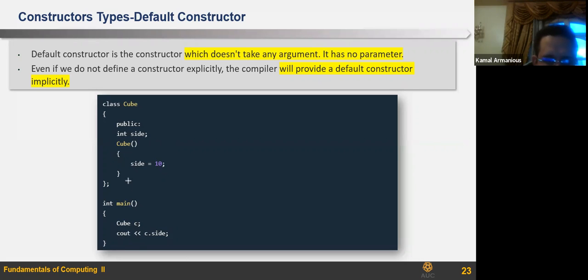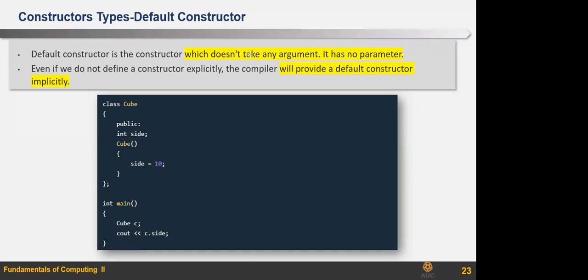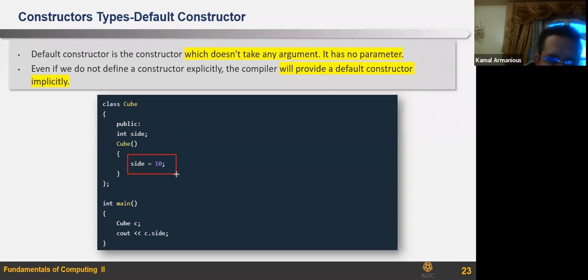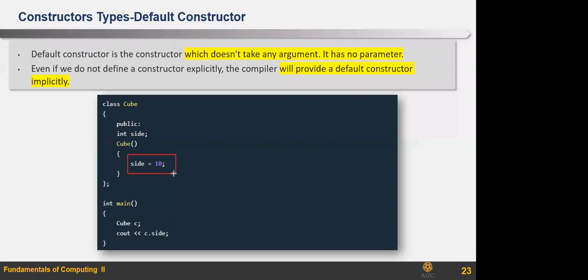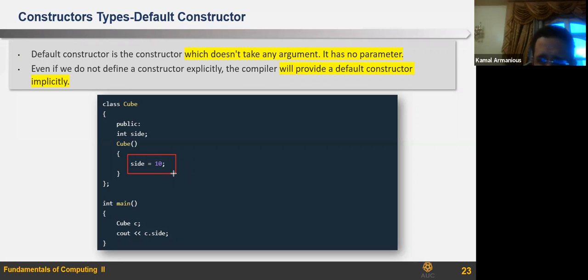Then what will the constructor do? Initialize side equal to 10. And what's side? Side is an integer type variable. Yes, and it is a member variable for the class, int side. It is a public member.